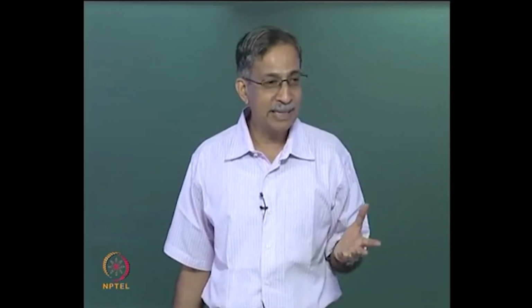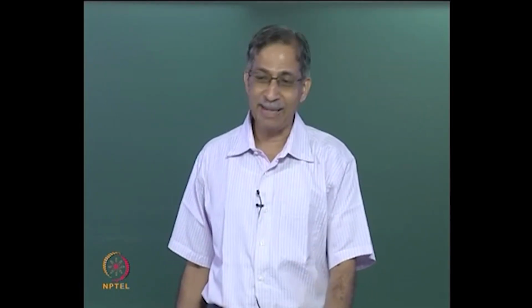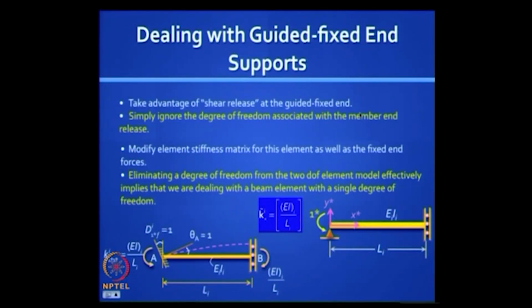Here we will take Ramesh's suggestion. Remember in the beginning he said, why do you always take a simply supported beam as the element, why can't you take a cantilever? Here it's ideal to take a cantilever because the behavior is exactly like a cantilever. So my suggestion is, you can take this element, but it looks so complicated, right?